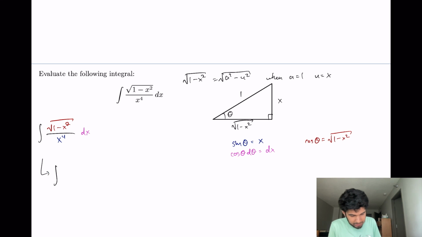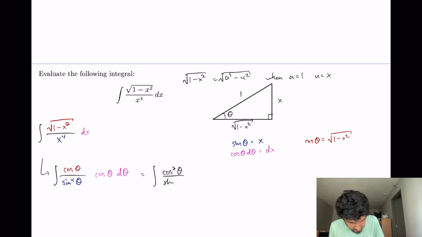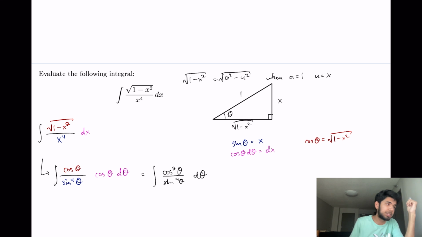So this becomes the integral of cosine of theta divided by x, which is sine of theta, so this will be sine to the 4th of theta, and dx is equal to cosine theta d theta. If we clean this up a little bit, this is cosine squared of theta divided by sine to the 4th of theta, d theta. That's what we have to work with here.